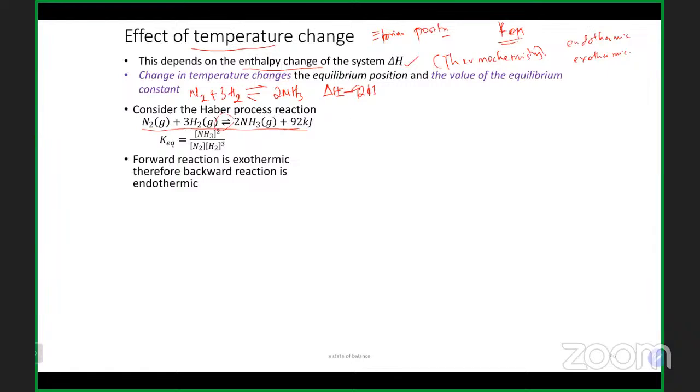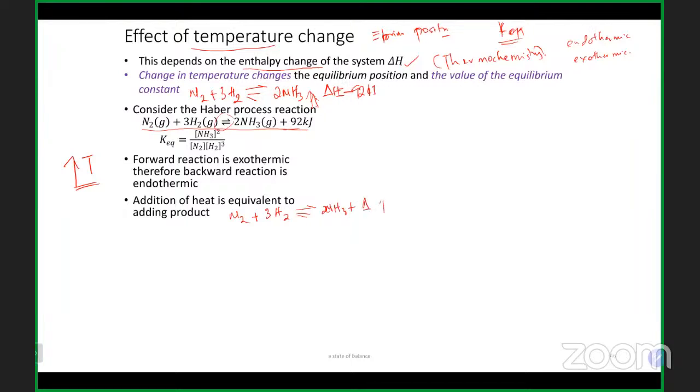So one of the products is heat. So if we increase the temperature of the system, it is equivalent to increasing the concentration of a product. So if we increase the temperature of the system, which is equivalent to increasing products, so let's see, N2 plus 3H2 going to 2NH3 plus heat.